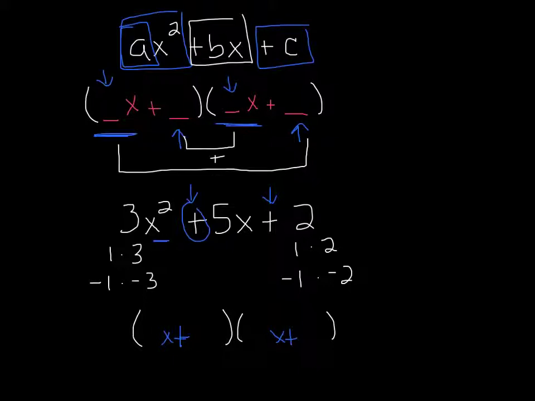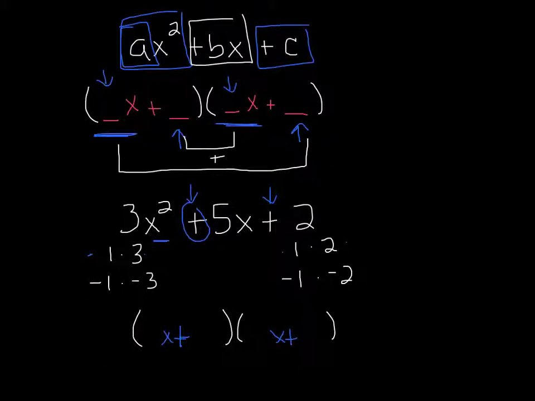Alright, now here's the deal. We have to find a way to multiply these numbers together where when you put them together, you're going to end up with 5. So you could multiply the different ways we could multiply these together, right? We can do 1 times 1, so you're going to pick 1 from each term. So you can do 1 times 1, or we could do 1 times 2, and then you do the 3, so 3 times whichever one's left over, right?